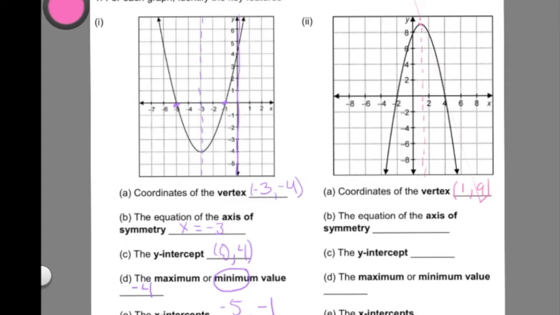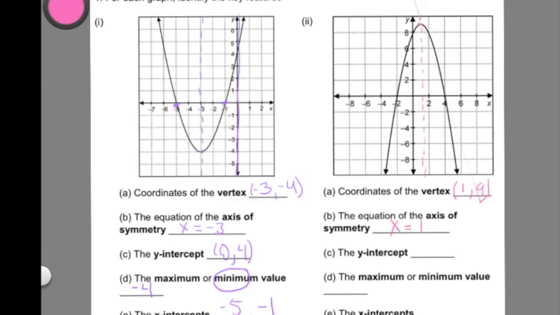But you've probably figured out at this point that if we're looking for the equation of the axis of symmetry, whatever the x coordinate of your vertex was, that's where the axis of symmetry is. So remember we write our axis of symmetry as x equals. If it is 1, we write x equals 1. There we go.